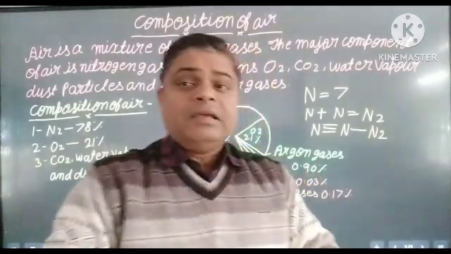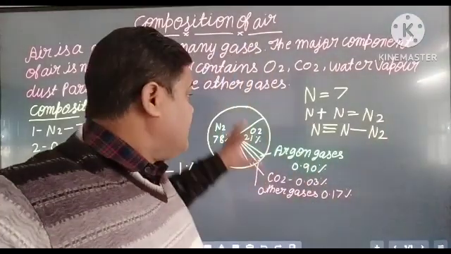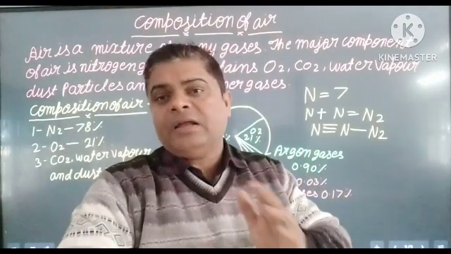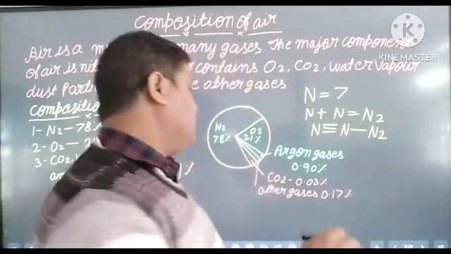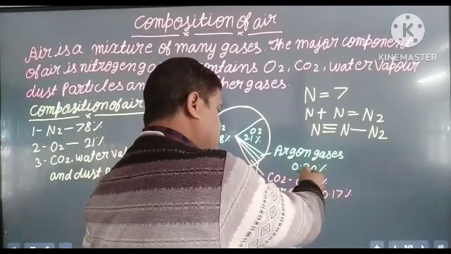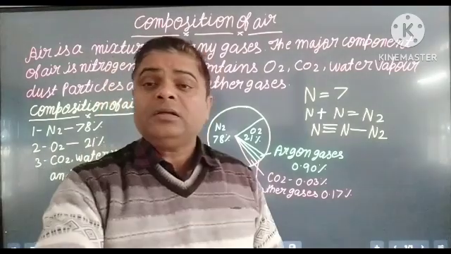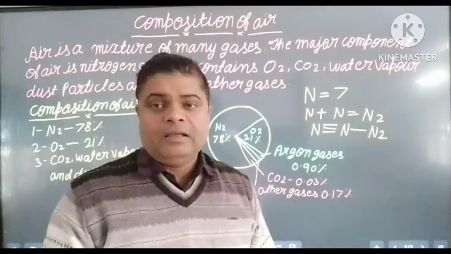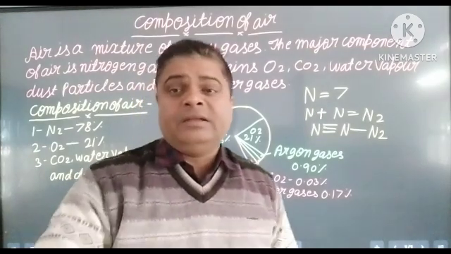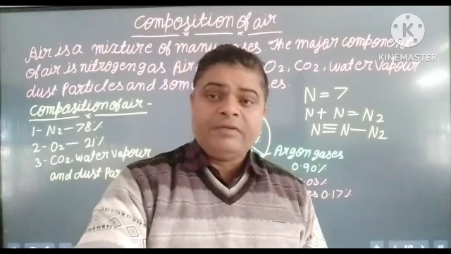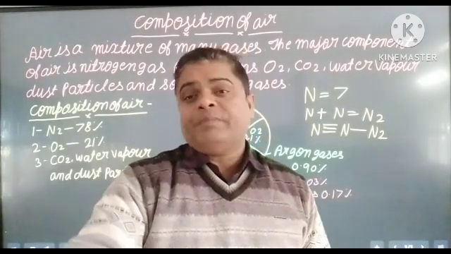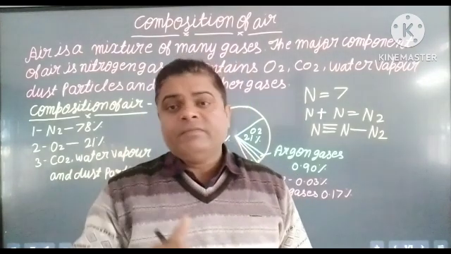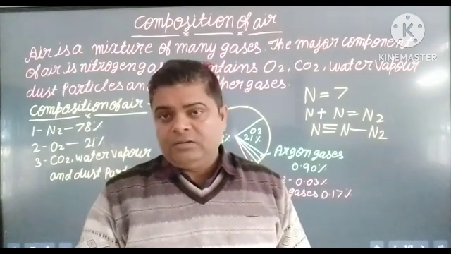But question is, in our atmosphere, is the air percentage the same everywhere? No. It depends on areas. Suppose the carbon dioxide percentage is 0.03%. But is 0.03% everywhere? No. It depends on the area. Suppose in any industrial area where there are many factories, many companies, the industries release a huge amount of carbon dioxide gas in the atmosphere.